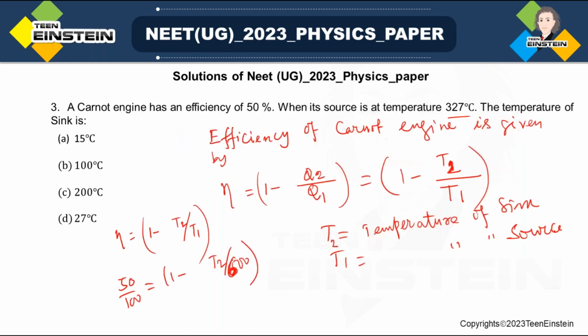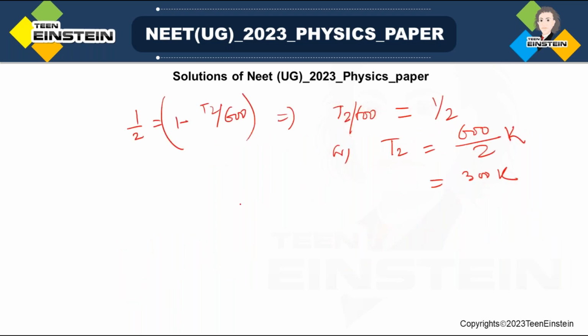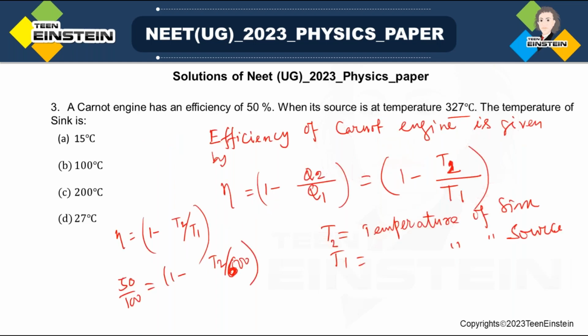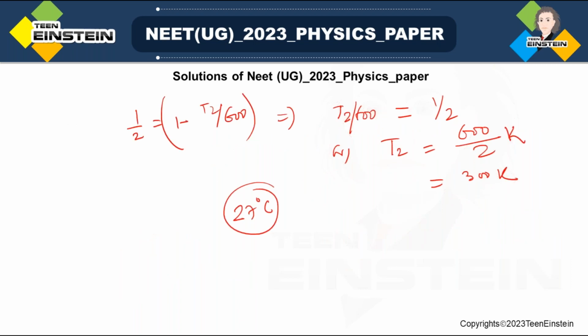So the Carnot engine has to be operated in degree centigrade, 27 degrees centigrade. Okay, 27 degrees centigrade is the temperature of the sink. This is the answer. Okay, so 27, this is Kelvin, this is degree centigrade.